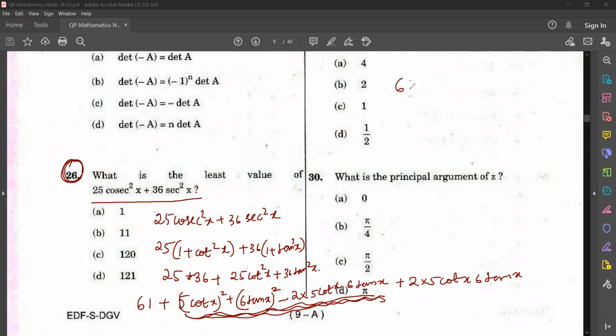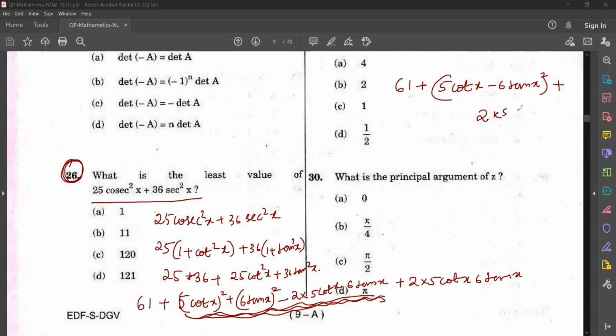So I can write this as 61 plus a minus b the whole square. That is 5 cot x minus 6 tan x the whole square. Plus I have 2 into 5 cot x into 6 tan x.